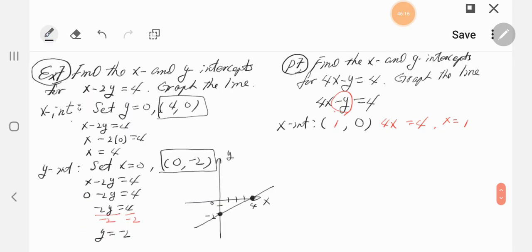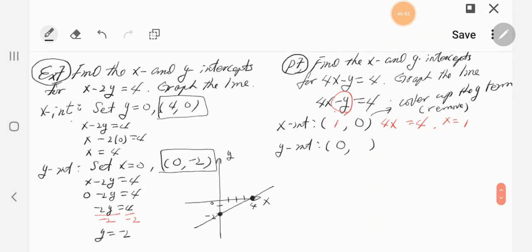Okay, y-intercept. This means cover up the y term. Cover up, which means remove, right? Remove the y term so that you can find x. Okay, I want to find the y-intercept. So that means we will set x value equal to 0, right?